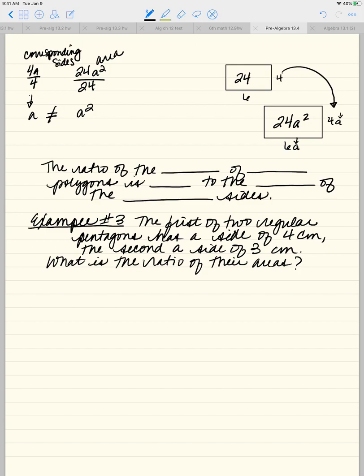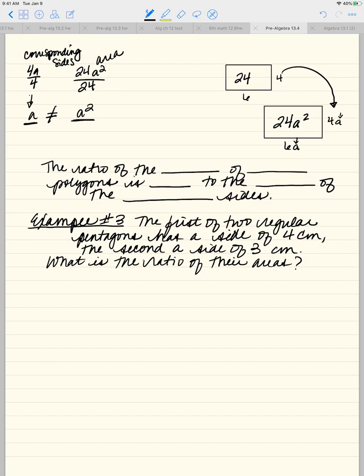But what do you notice? We have a and we have a squared. So the areas are in the same ratio as the square of the scale factor instead. And this property is true of any pair of similar polygons, not just rectangles. Okay?